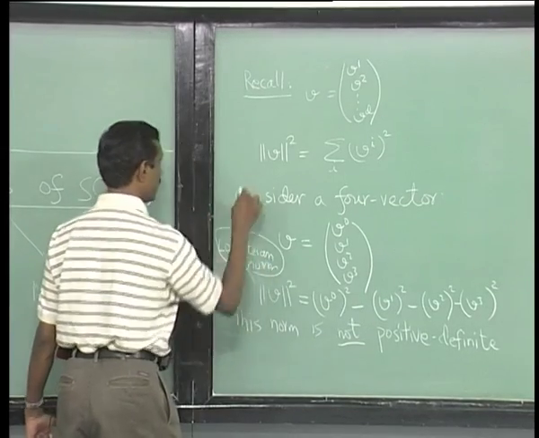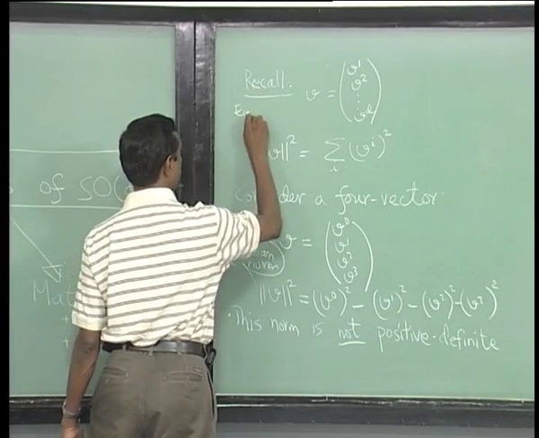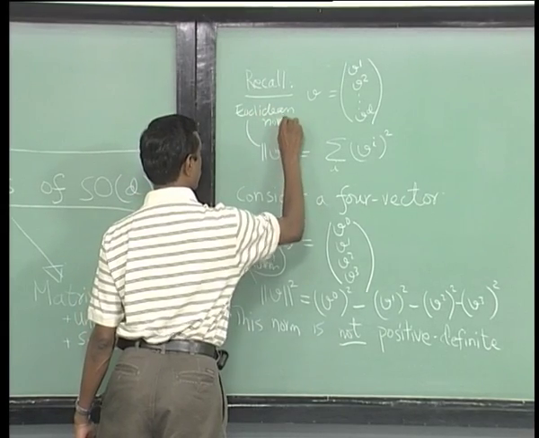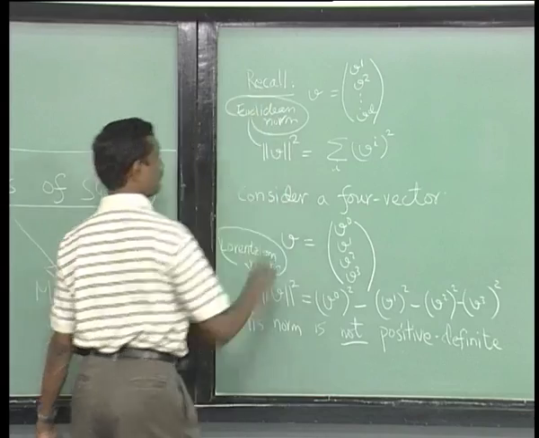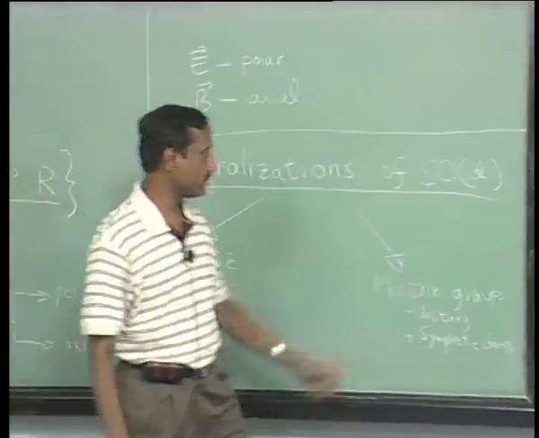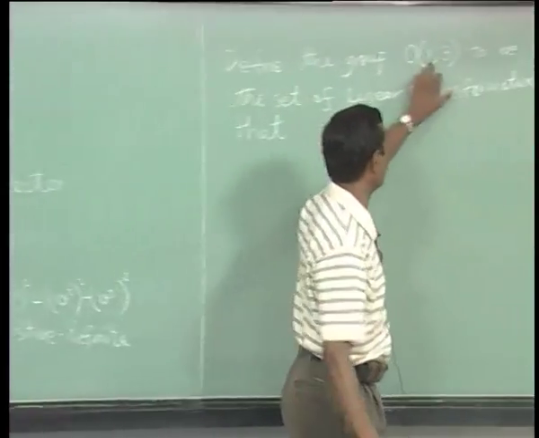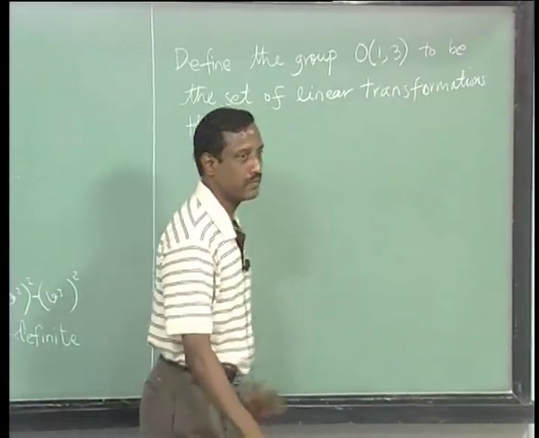As opposed to a Euclidean norm. Okay, so what we have is a Lorentzian norm, and this 1 and 3 tells you that there are 1 plus and 3 minuses.